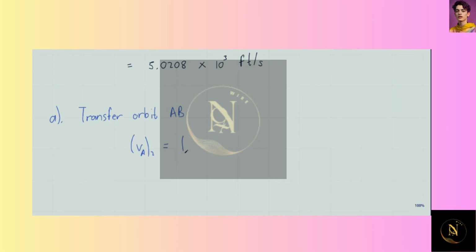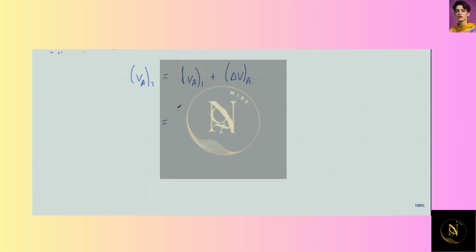And this is the speed of the circular orbit, which we calculated, VA1, plus the change in speed, delta V, at A. And so the transfer orbit speed at A is equal to 4.8382 times 10 to the power 3 minus 86, the change in speed for orbit A. And hence we get the transfer velocity from A to B to be 4.7522 times 10 to the power 3 feet per second.